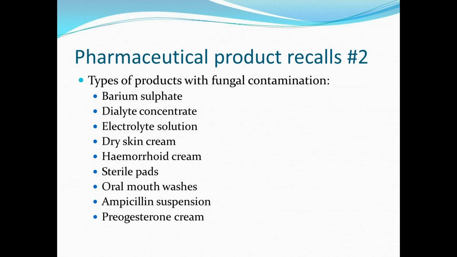And there's also some other things also listed on the slide as well. Some of the others were not so much a risk of direct patient harm, but still could lead to spoilage of the pharmaceutical preparation.